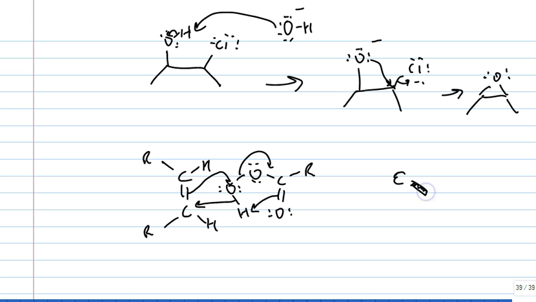Now, I haven't been drawing this in, but I'm going to draw this in from now on. Whenever anything adds all at once, and there's 2 arrows like this, when it adds onto the double bond, it always makes a triangle on one side.